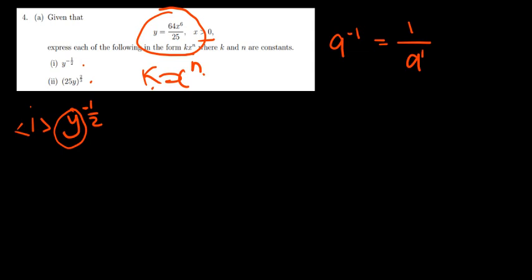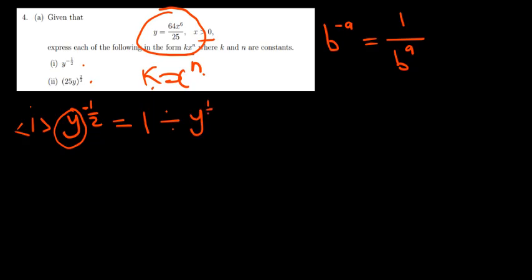Let me put it in general: if I have b raised to the power minus a, that would be the same as 1 divided by b to the power a. So I'm going to say y to the power minus 1 over 2 is the same as 1 divided by y to the power 1 over 2.